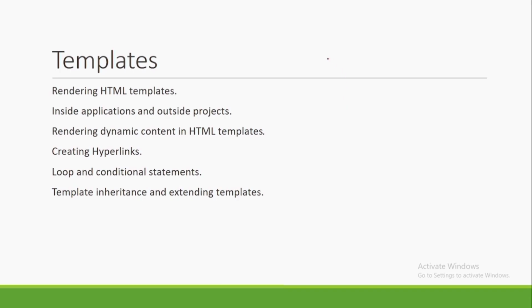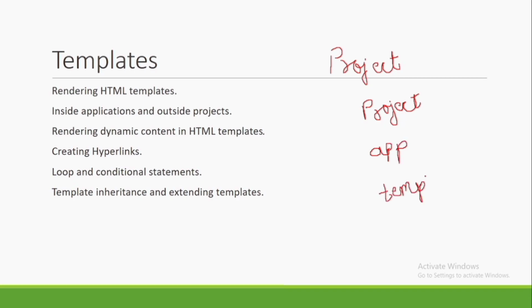Here I want to add a note. There are two ways to create a project. What is the command? django-admin startproject, the name of the project, space and a dot. One can do it without the space and a dot. So how will the directory structure look in that case? It will have the outer project folder, it will have the inner project folder, and it will have the app. And the template folder, if it is created outside the project, will look this way.